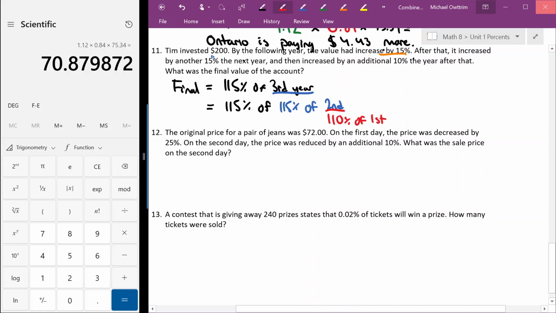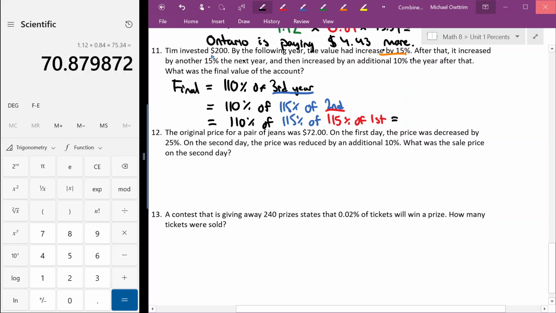I guess technically I have those all in reverse order, so it should really be 110% of the third year at the end there, and then 115 and 115. That's better. So overall, we're going to do our 110% of our 115% of our 115%.